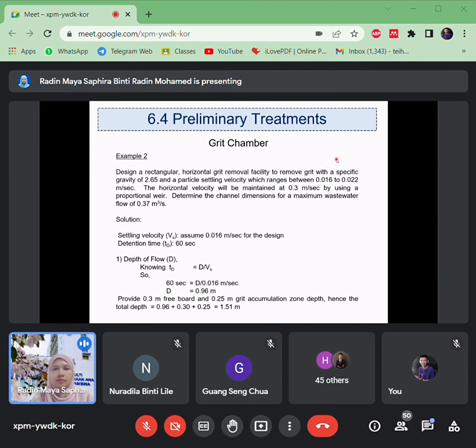Okay, ada bagi specific gravity of 2.65 and particle settling velocity ranging from 0.016 to 0.022 meter per second. So the horizontal velocity will be maintained at 0.3 meter per second by using the weir. So determine the channel dimension for a maximum wastewater flow.